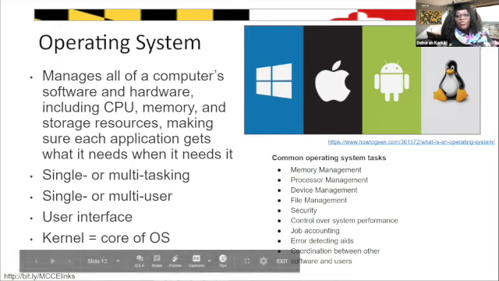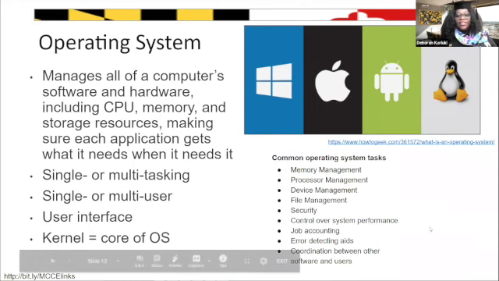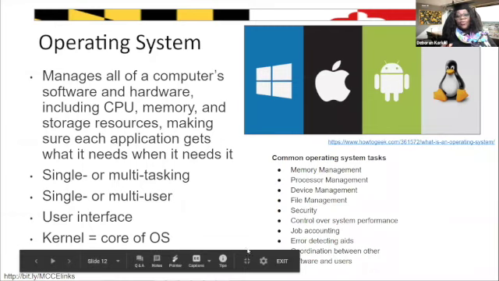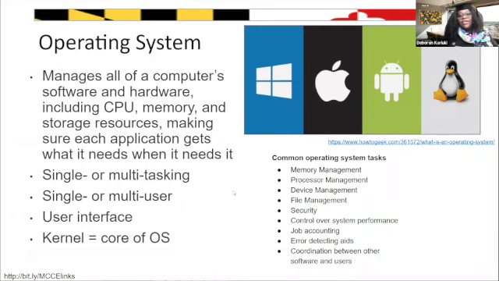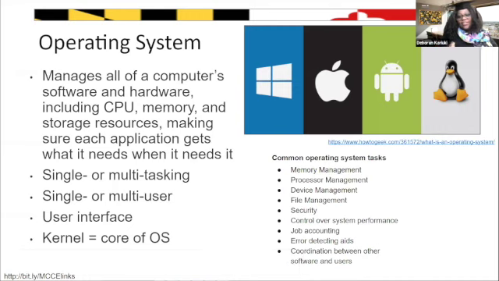So it's going to account for what is going to happen, whether it can slow this or make this one faster, error detecting aids, and coordinating between other software and users. So when you see this on the exam, know the components and the common operating system tasks. A question could come related to this information.